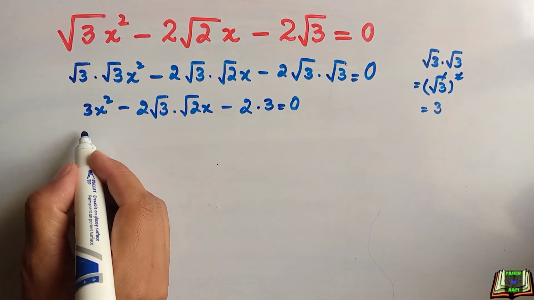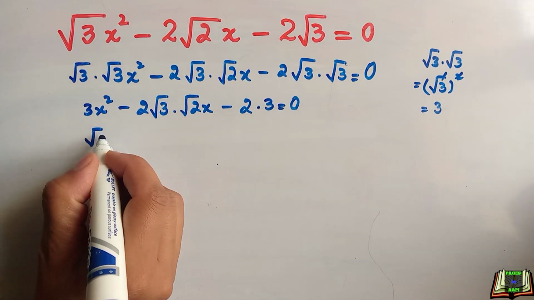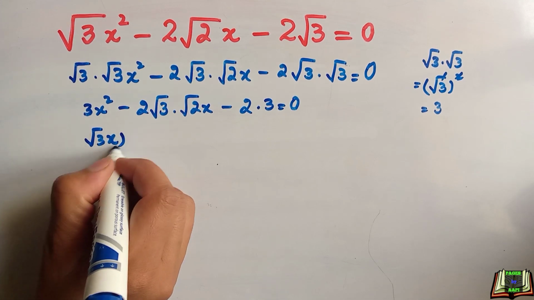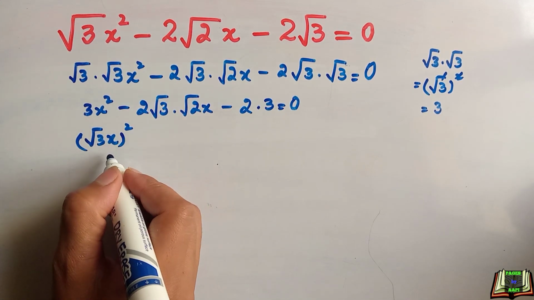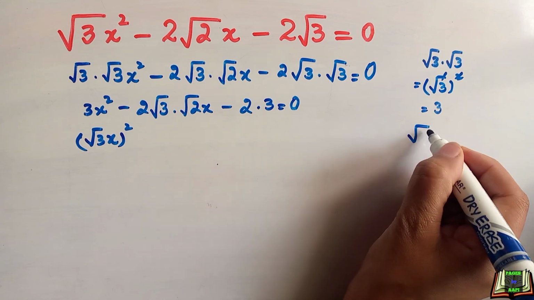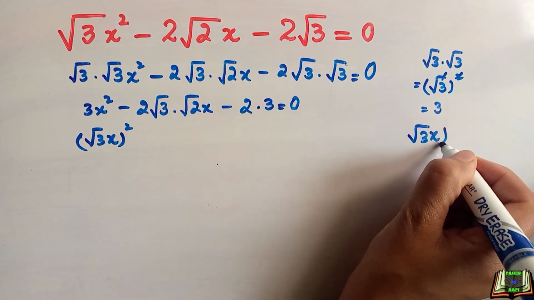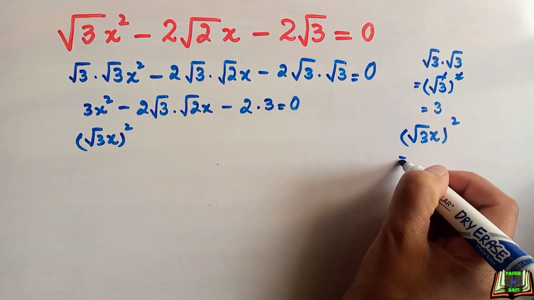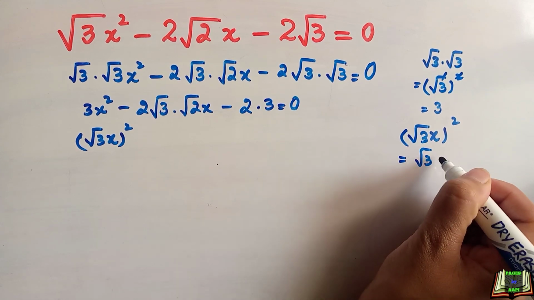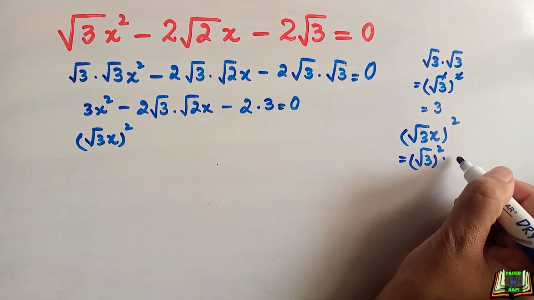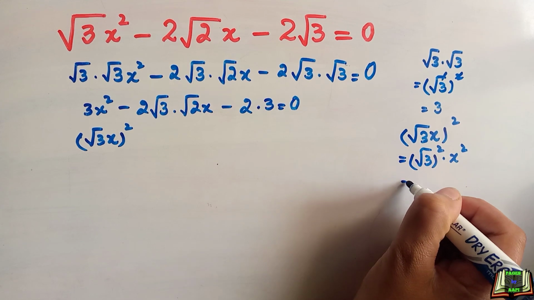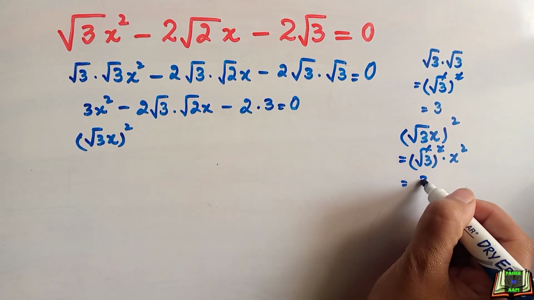In the next step, we will rewrite this 3x square as root 3x whole square, because when we open the square of root 3x, this will be equal to root 3 square times x square. Square and root will be cancelled out. This is equal to 3x square.